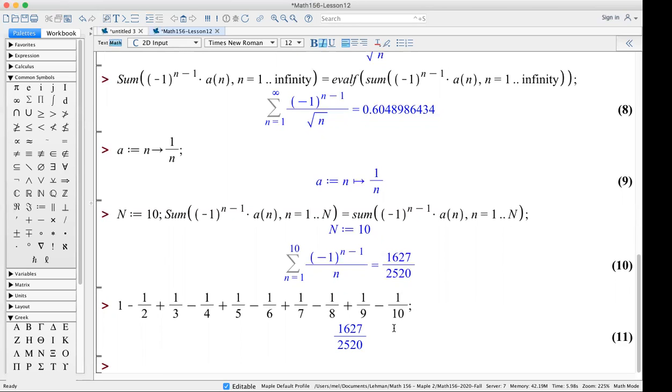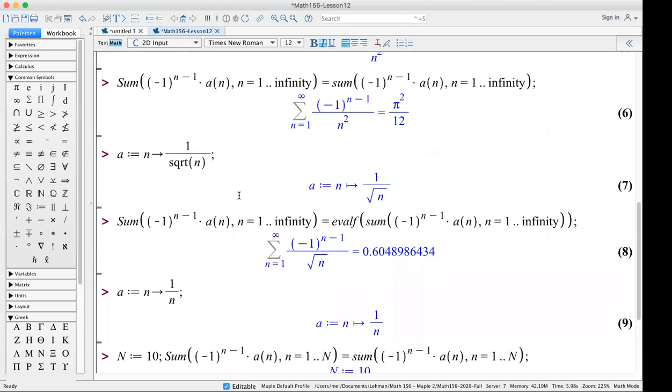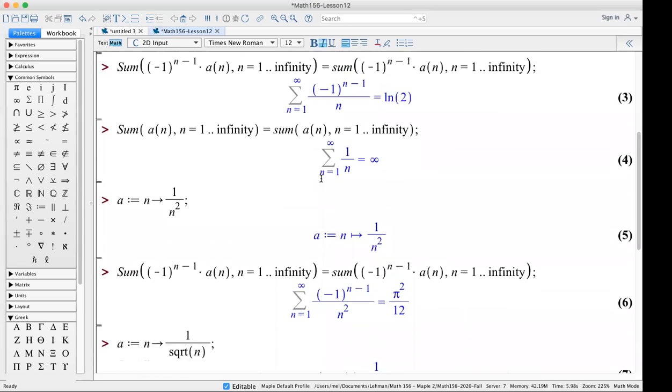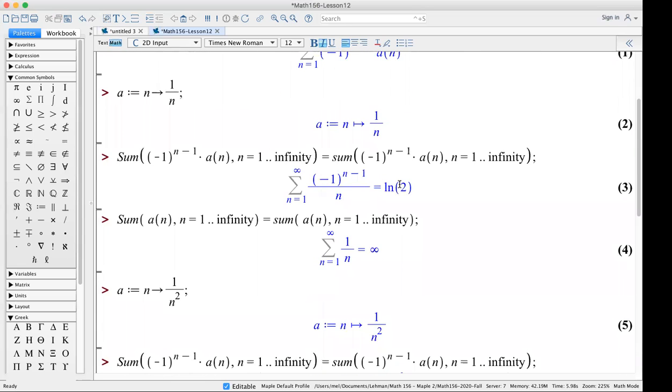Now, it's interesting to make the following comparison. This is the sum of the first 10 terms of the series, and this is the infinite series. Suppose we compare the two.